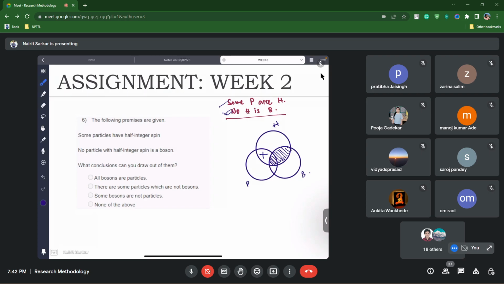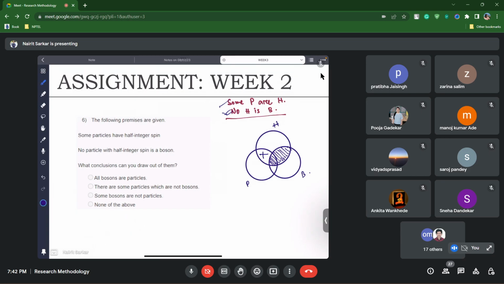Let's see first one. All bosons are particles. That means boson, particle. All bosons are particles. Is it valid? The first one? No, sir. No. Because the conclusion should be between these two. Good.